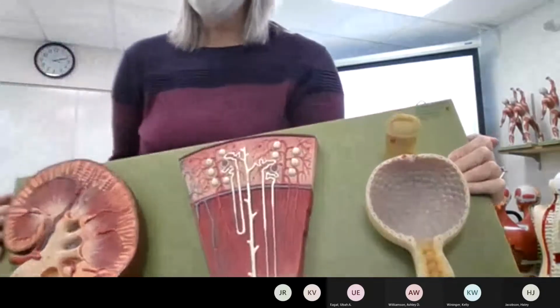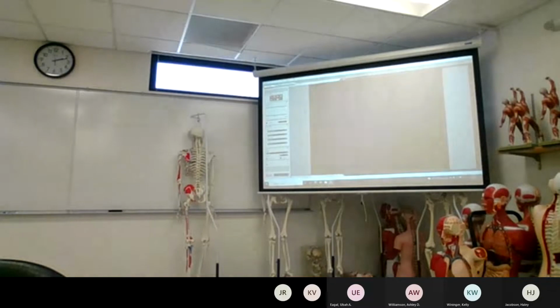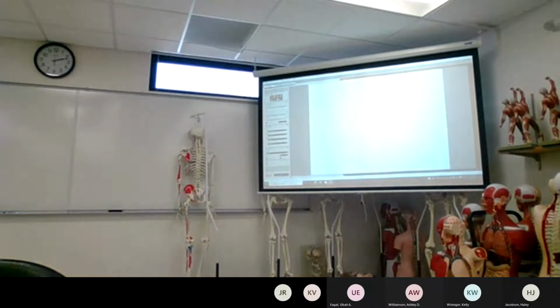So when you're looking at the slides, you're trying to find, all right, I want to try to dig into some of this area that has all of these tubing. So I go from low power, or from scanning to low power, all right? And then I can start to see, okay, there's some lining of the cells.